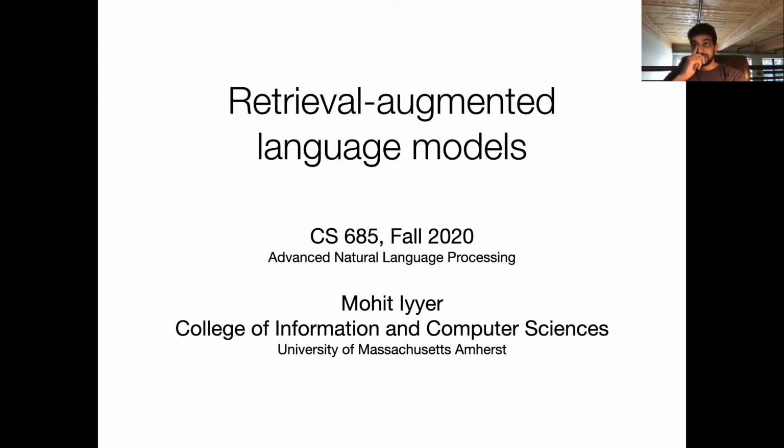Okay, so today's topic is going to be retrieval-augmented language models, and like with basically every other lecture, I will try and keep it short, but hopefully this time I'll succeed. This is a very interesting and also very new topic that's just come up in the last few months.